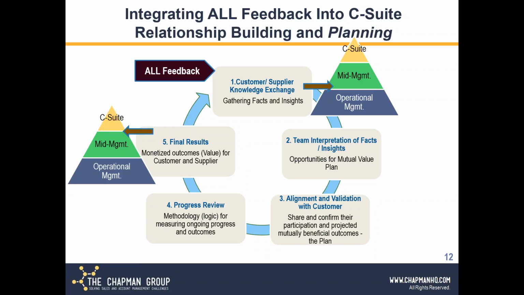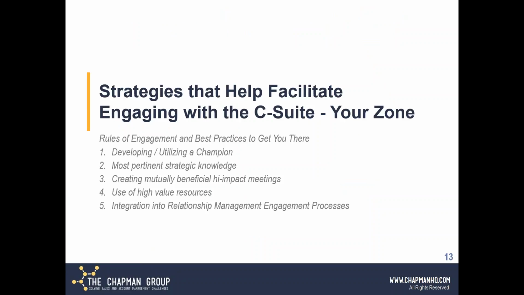But now I'm well prepped because I've engaged their team, I've validated all this, they're in agreement with me, and when I now deliver the feedback at the C-suite, there's rationale of why I even have this meeting, because in many cases, it's their team taking me there. Because we're actually in mutual agreement how important this is and what a difference it can make in not just our relationship, but in their business.